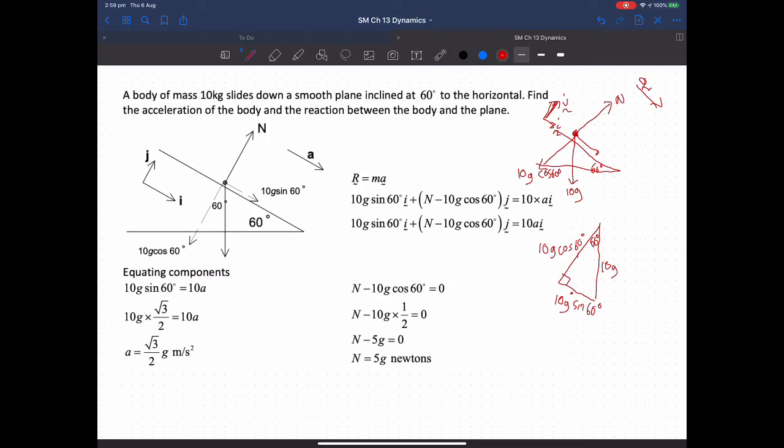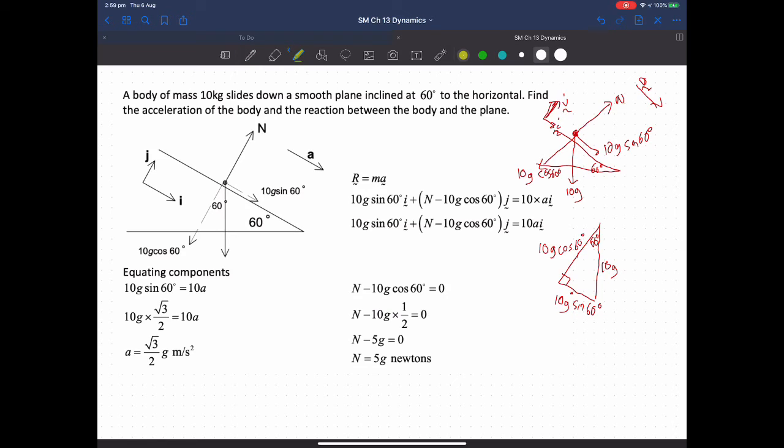So I now have 10g sine 60 degrees. Next part is to now look at the R equals ma part. So if I was looking at the forces that are involved, again I will colour code.